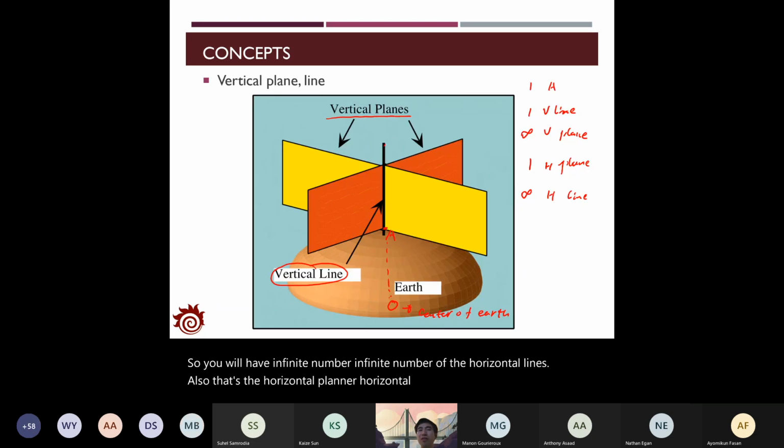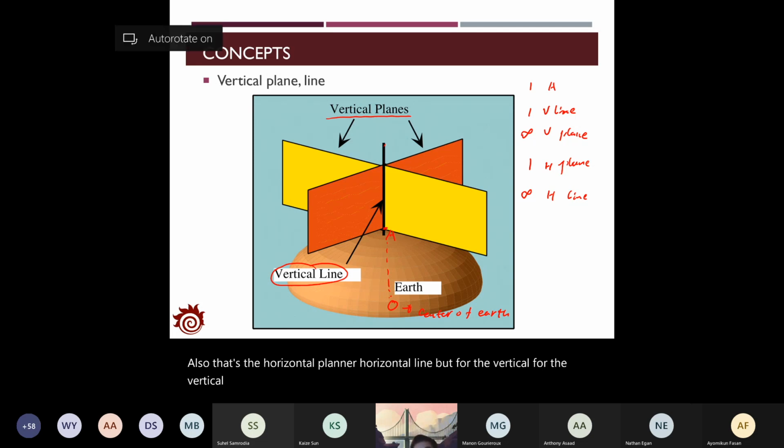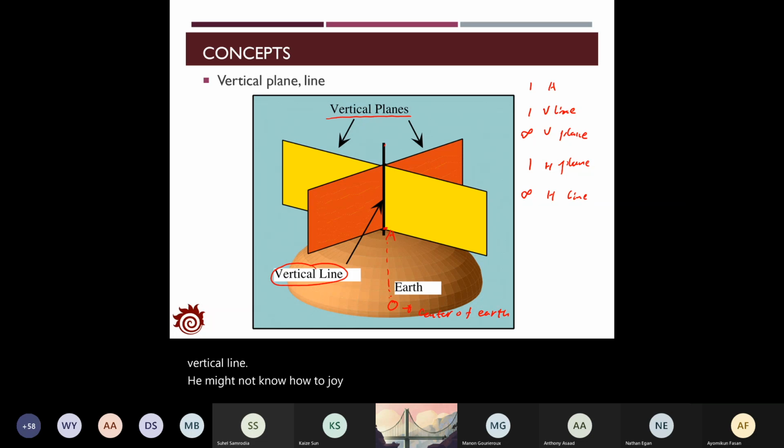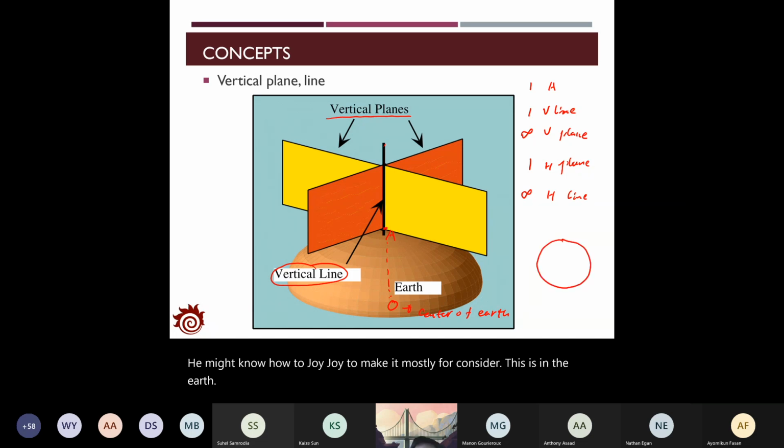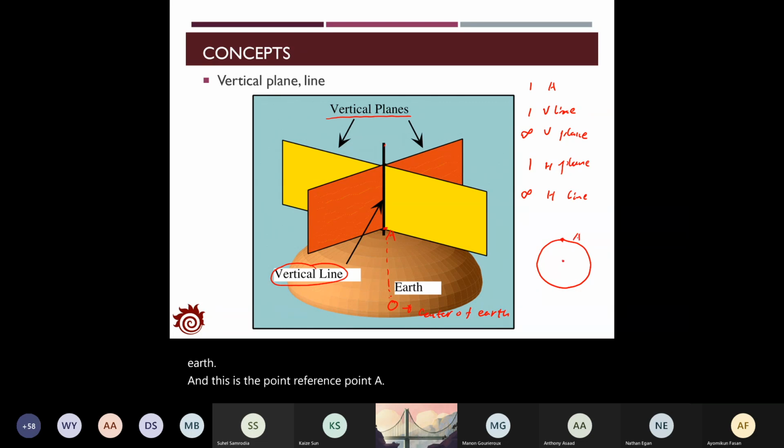But for the vertical line, I don't know how to draw it to make it more straightforward. Consider this is the Earth, and this is the reference point A, and this is the center of the Earth.